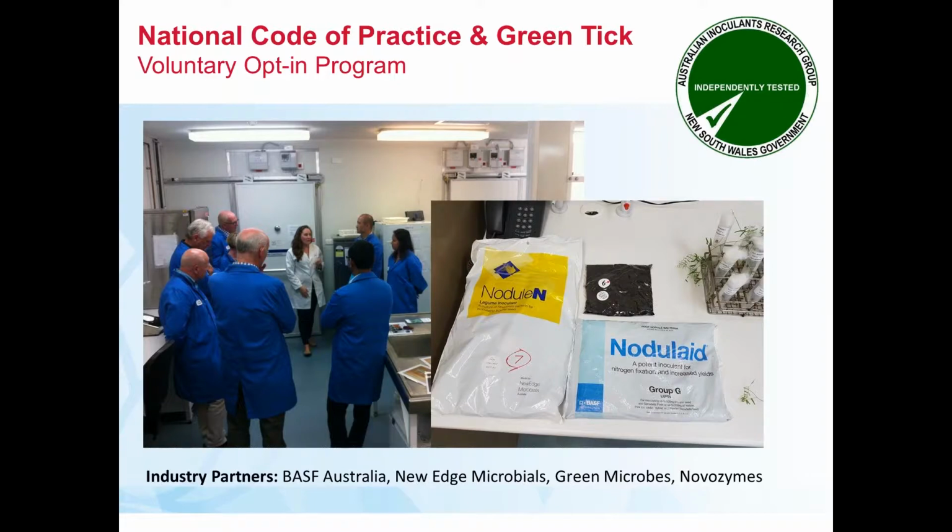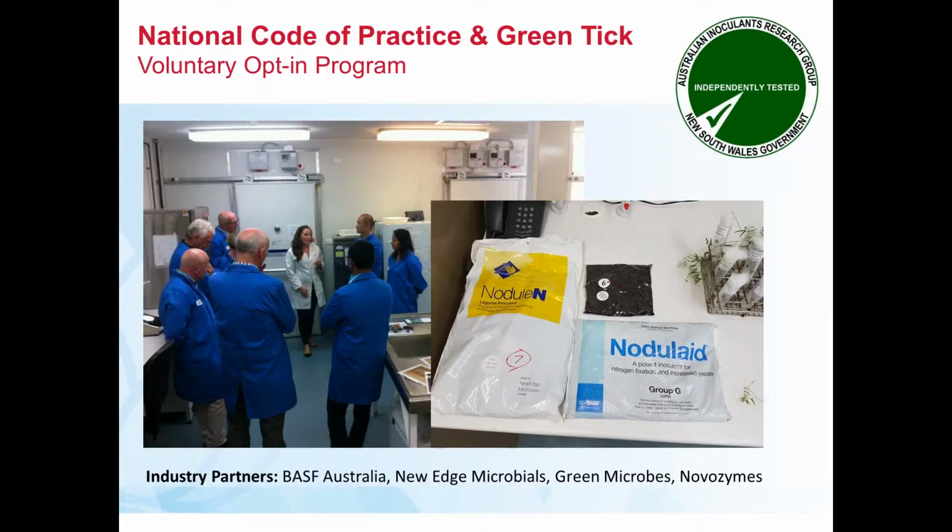Some of the things we're looking for is that the labeling on the package is correct. It shows what strain of bacteria is in the bag. We check that the correct rhizobial strain is present in sufficient numbers, so it meets that quality standard. We also check that the product is free from contaminants.